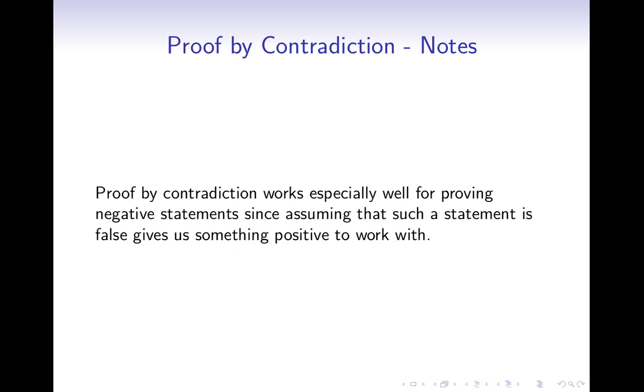Proof by contradiction works especially well for proving negative statements, because when you assume a negative statement is false, you get something positive to work with. So if you see some negative words in a statement you have to prove, that might be a signal that proof by contradiction would work.